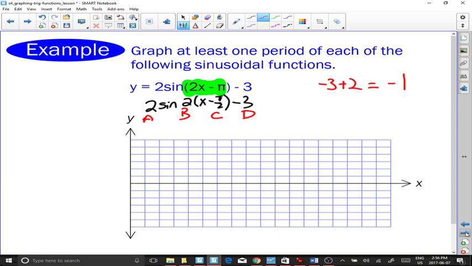The minimum value is -3 minus 2, and that is going to be -5. So if the maximum value is -1, then it would stand to reason that this graph will never go above the x-axis.